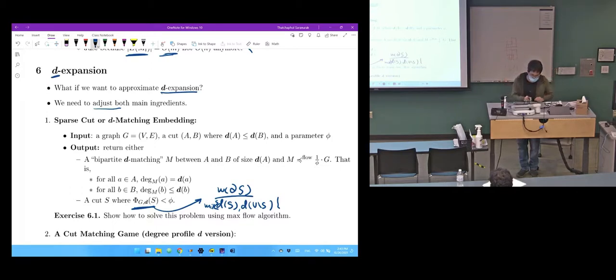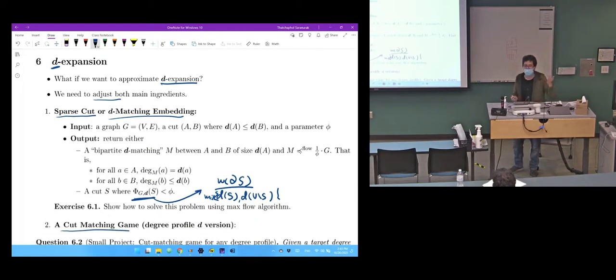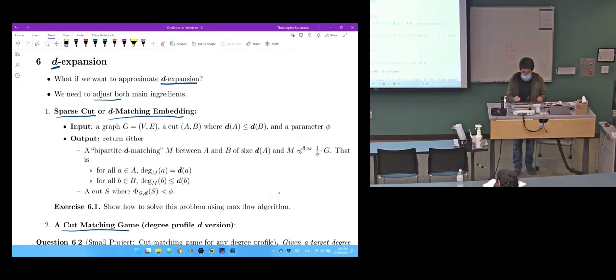The first ingredient is the sparse cut or meshing embedding subroutine. The second ingredient is an algorithm for the cut player. How will we adjust it? For the first one, you are given a graph again and a cut such that the A side is smaller in d than the B side.